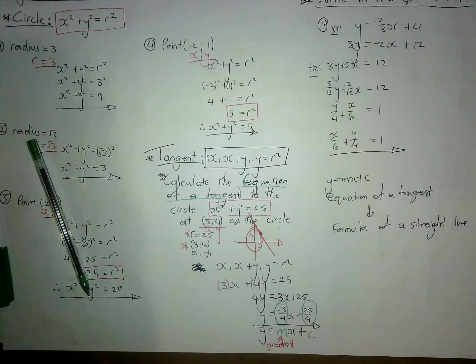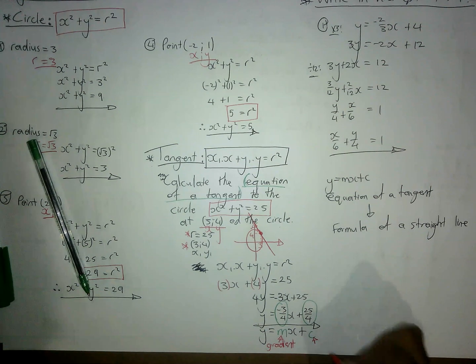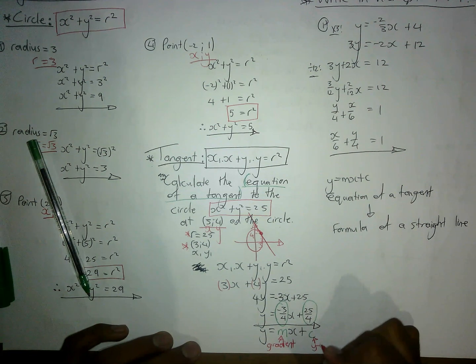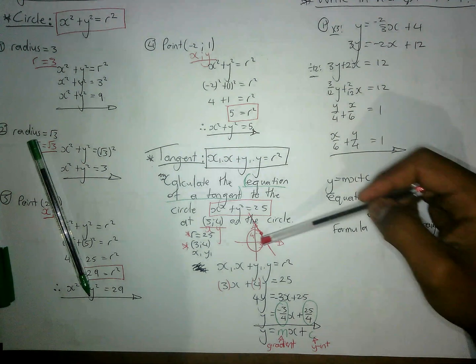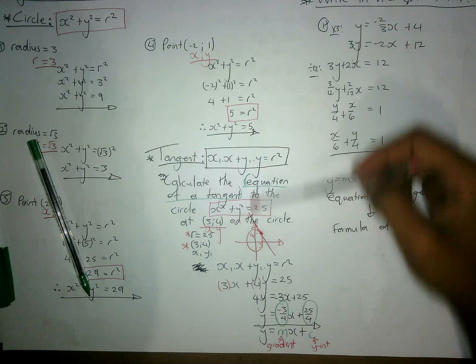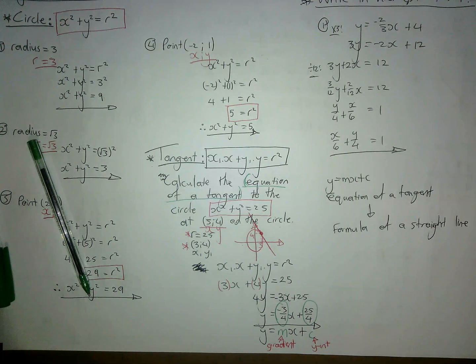M is our gradient. What is c? Does anyone know what our c value is? Yes. So y-intercept. That just means that this line passes through our y-axis at 25 over 4. That's all it means.